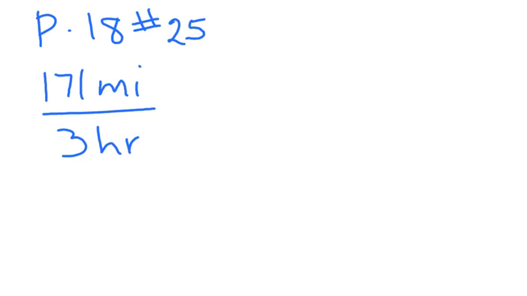Okay, turn over to page 18 in your book. Look at problem number 25. They've given us 171 miles per 3 hours, and it says find the unit rate in feet per second. So somewhere at the end we want to come out with feet per second. So we need some conversion factors. Okay, we need one that takes miles and goes to feet. 5,280 feet in 1 mile.